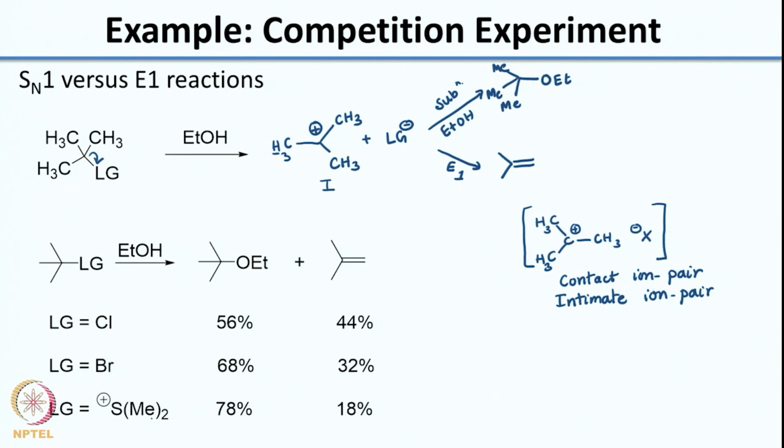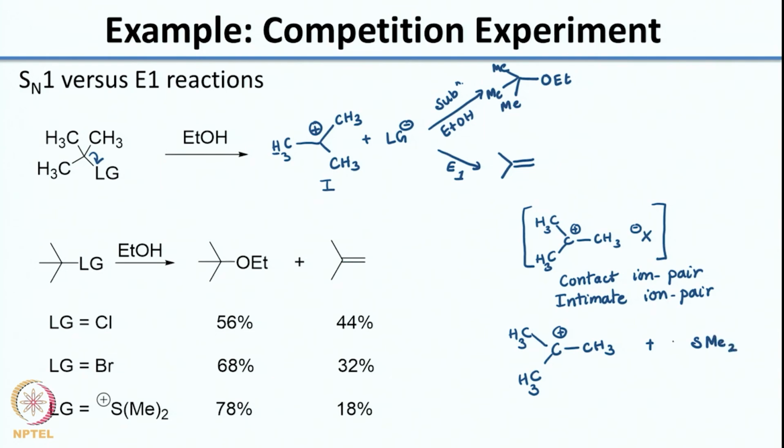Now what happens in the third case? So when your leaving group is charged, you generate a neutral species once you form the carbocation, unlike the other cases where you are generating a charged species.